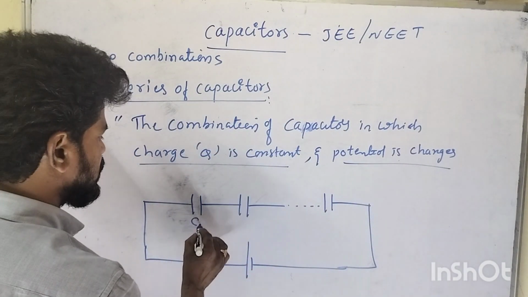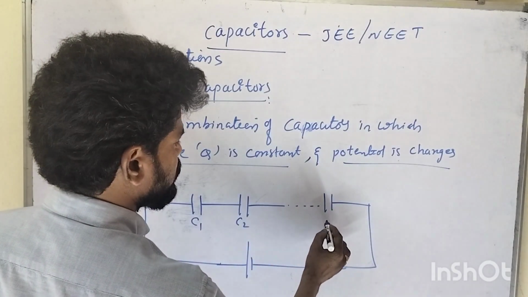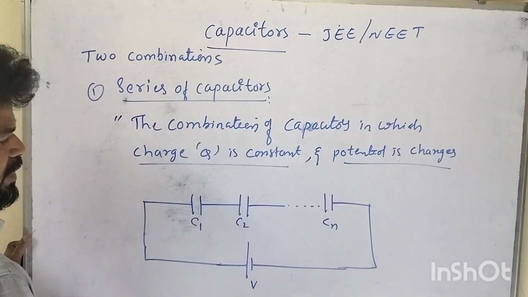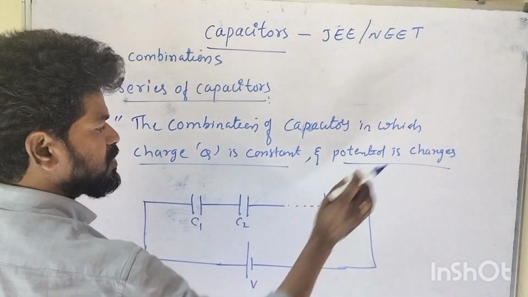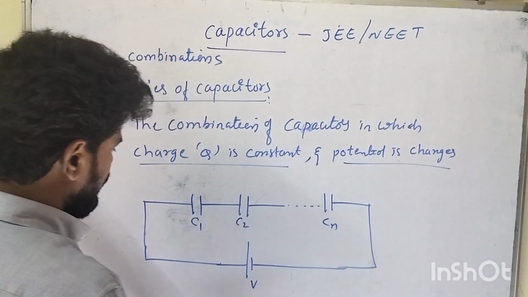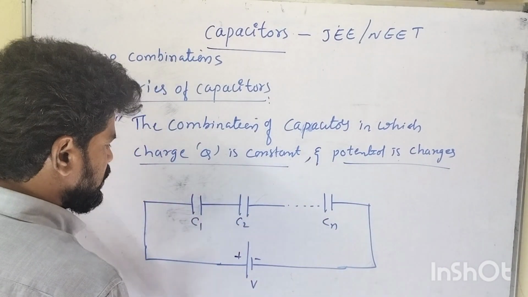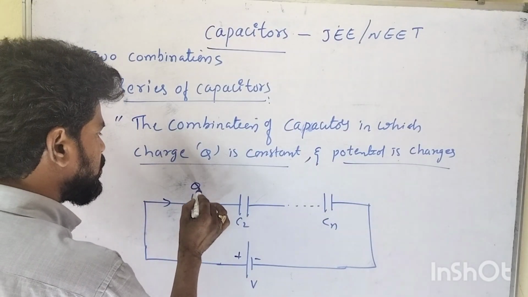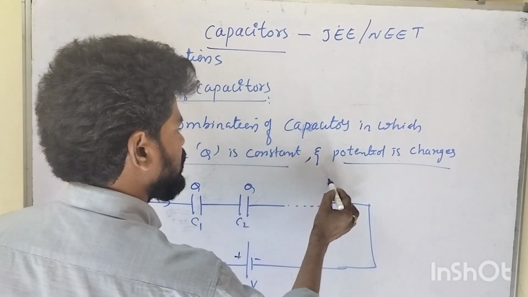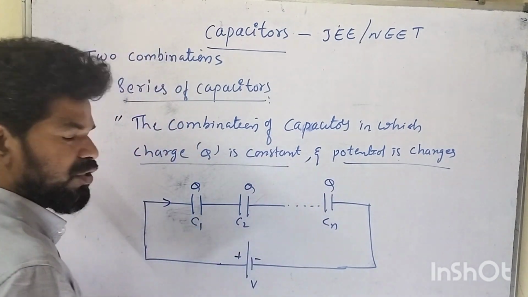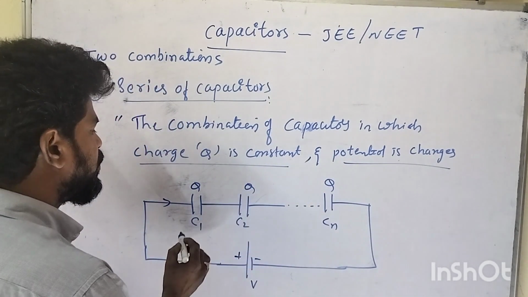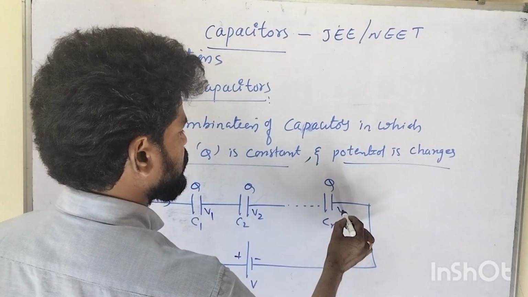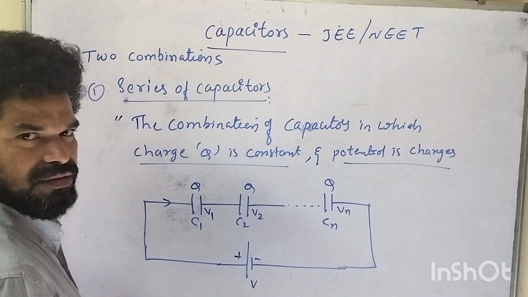The capacitors are C1, C2 and so on up to Cn, with positive and negative terminals. In this combination, the charge Q passes through each capacitor, so Q is the same and the potential varies. Here the potential is V1, here V2 and so on, here Vn.